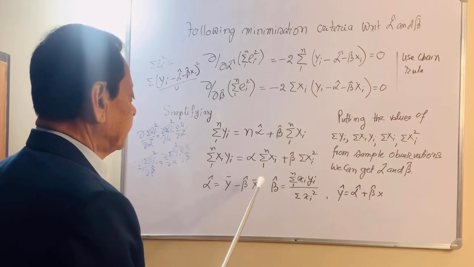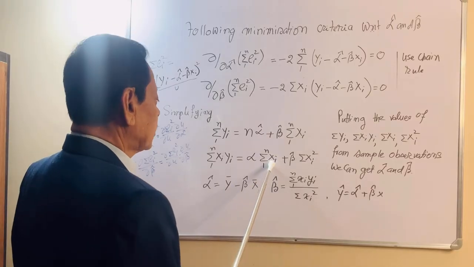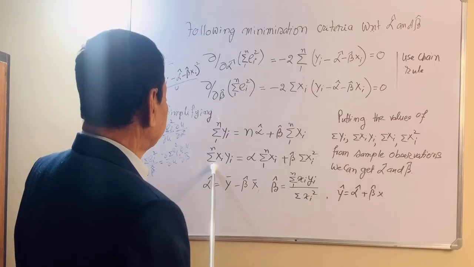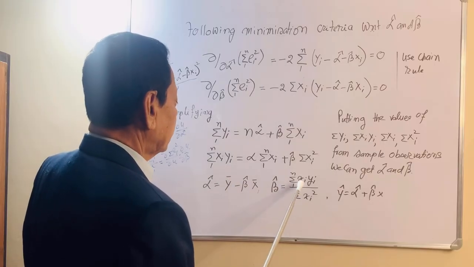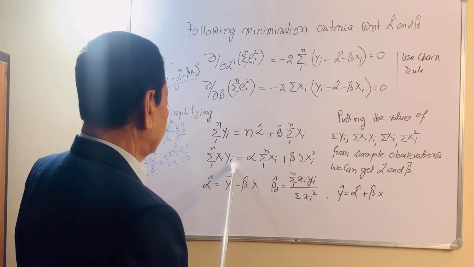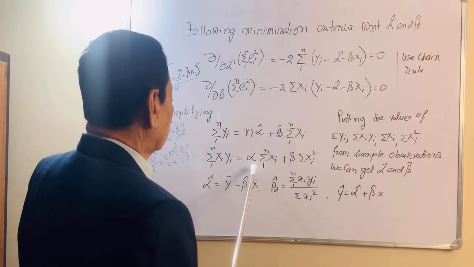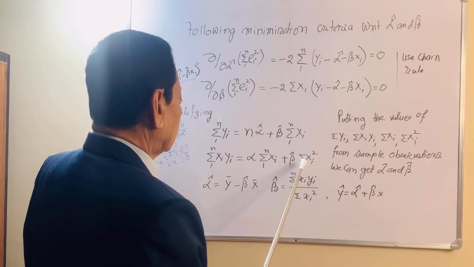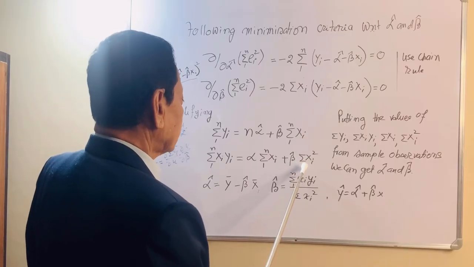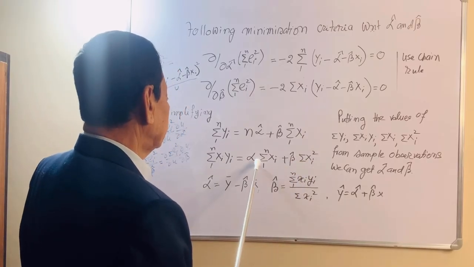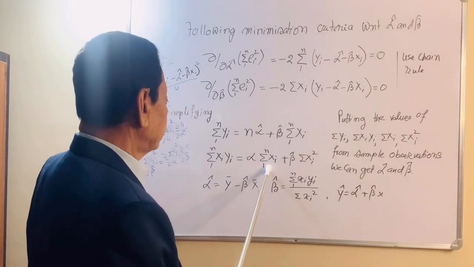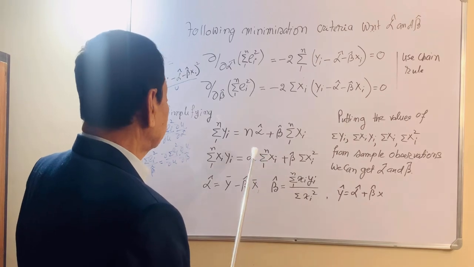Then beta head, from this, xi yi, if we take it from the deviated xi and yi, is equal to summation xi square, because in that case the mean deviation will be 0, so this term will be 0.